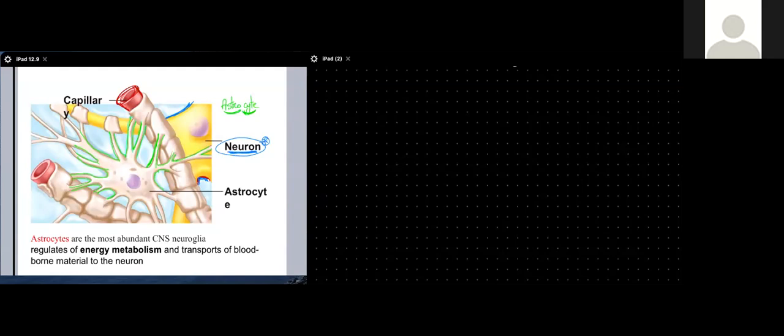The astrocytes are going to be responsible to get the nutrients, to perform the energy metabolism, and to transport those products to the nerve cells. Because as a nerve cell, I don't have much time to cook for myself.